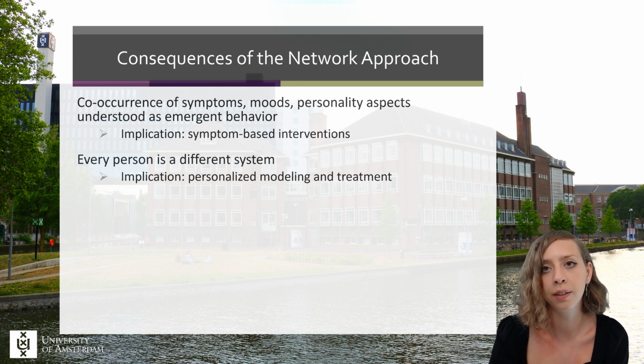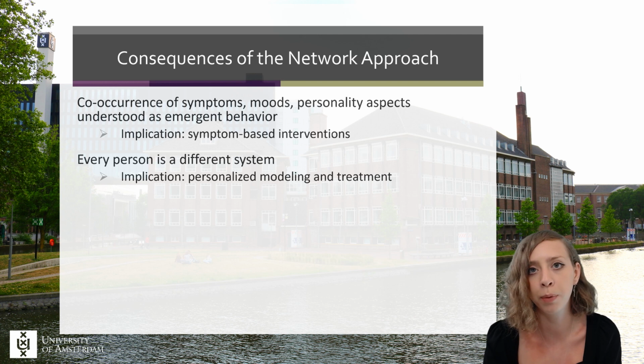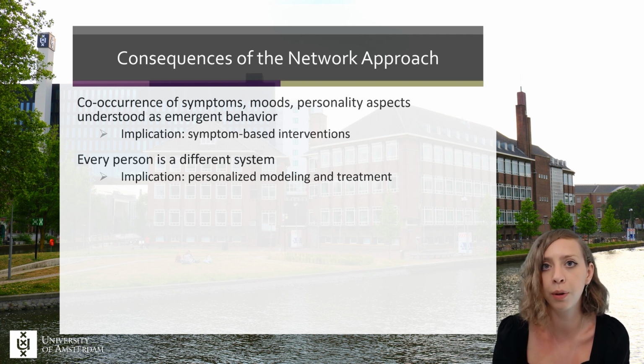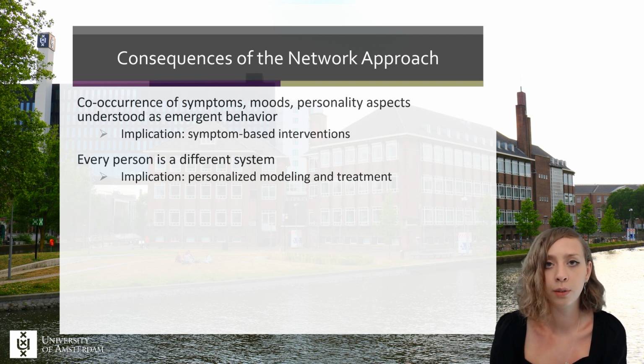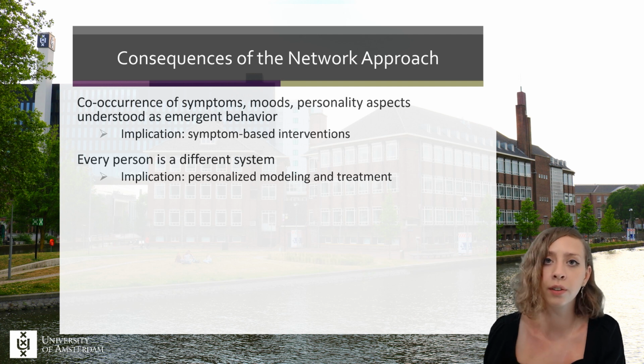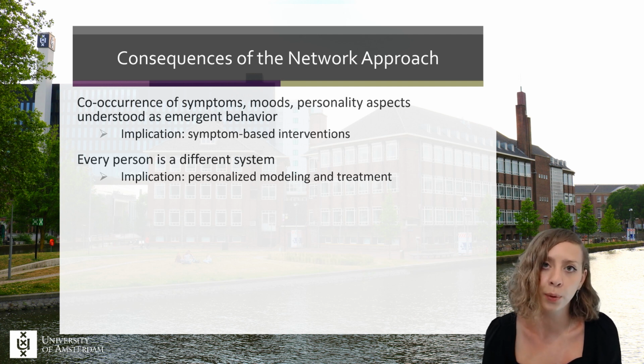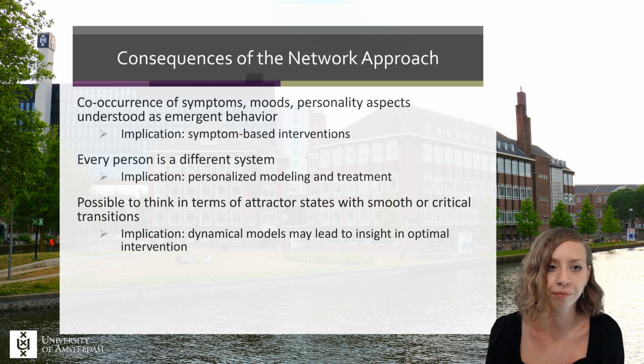While for somebody else, exercising can be replaced with another variable that's very important in their network. And this can have implications such as personalized modeling and treatment. So looking really into studying the network of a person, which I think to some level is actually what a clinician does, right? Because you really focus on what is important and relevant for a person.